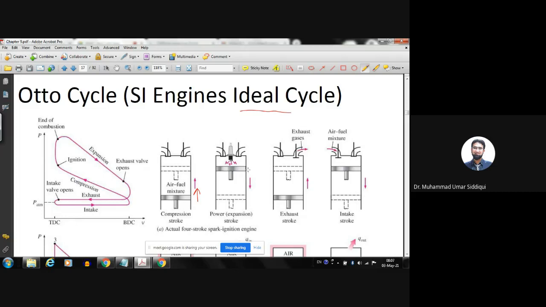Then at the second stage, the piston stays in its location. The piston does not move, so the volume of the cylinder remains fixed. But ignition occurs, and because of this ignition by the spark plug, combustion occurs. When the combustion occurs, heat is being added to the air-fuel mixture. So heat is being added to the air.